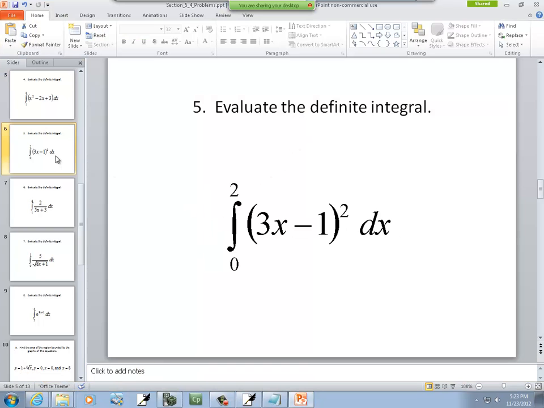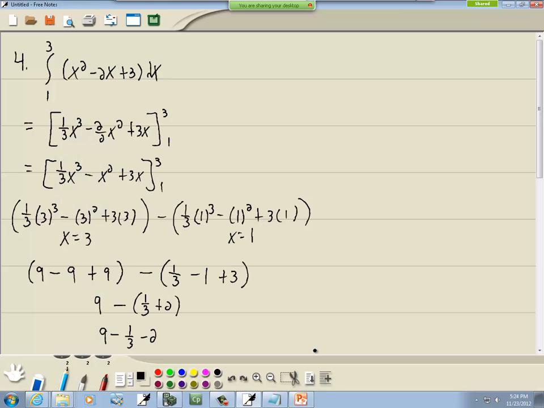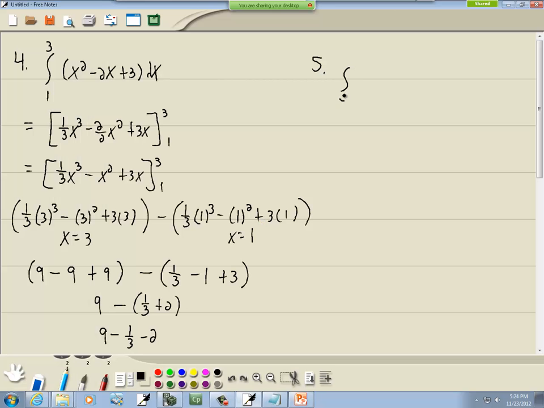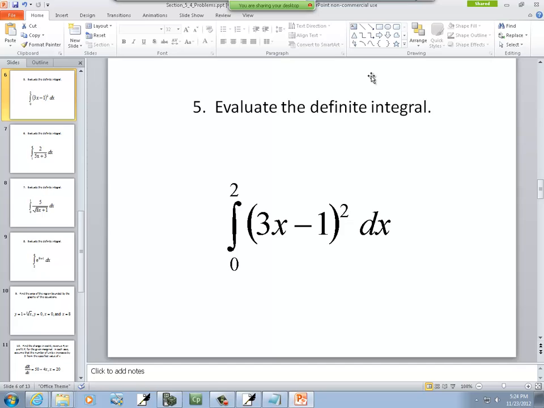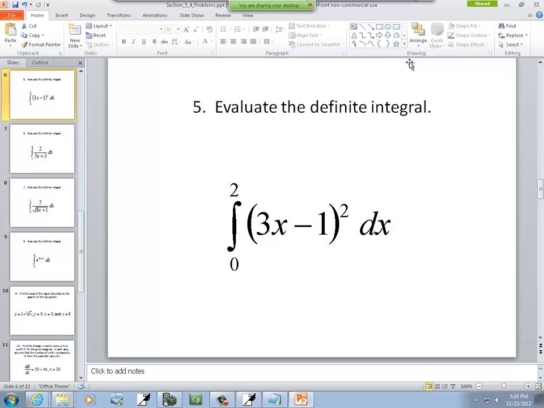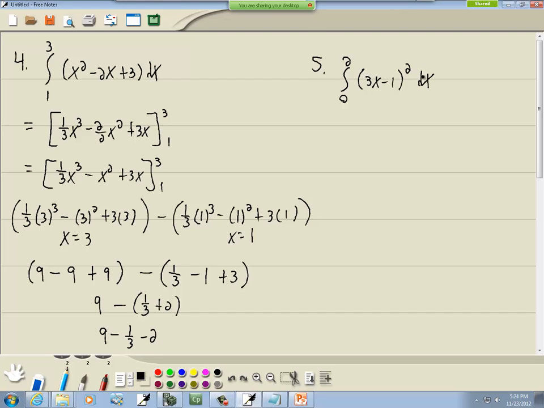Let's look at number 5. We got the integral from 0 to 2 of (3x minus 1) squared dx. Now, I'm going to do the u substitution here.